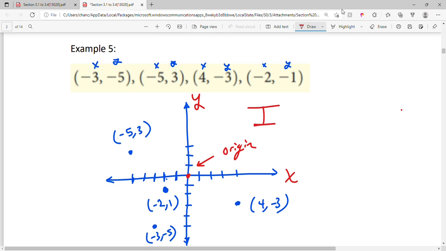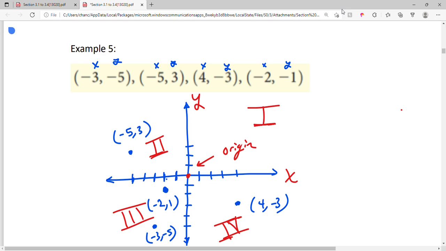This is the first quadrant, this corner here of our Cartesian plane. The second quadrant is this corner. The third quadrant is here on the bottom left. And finally, the fourth quadrant is here on the bottom right.